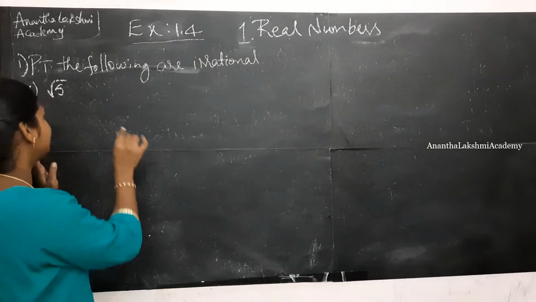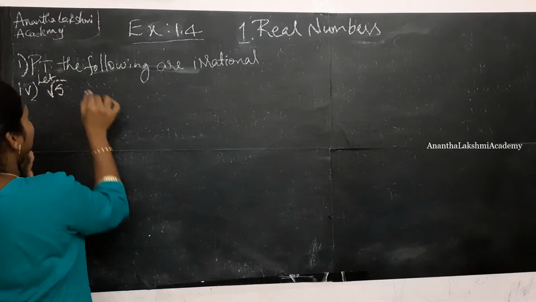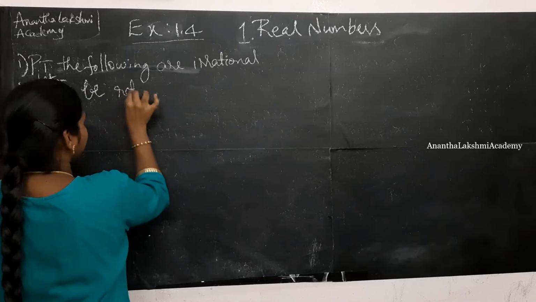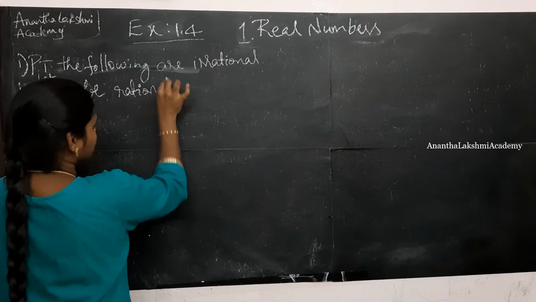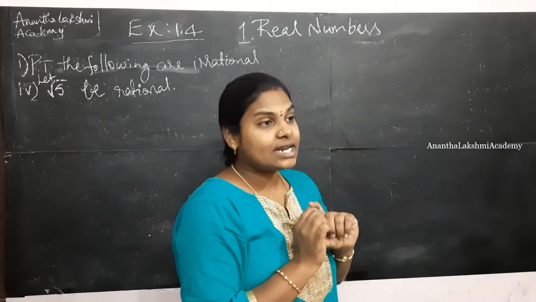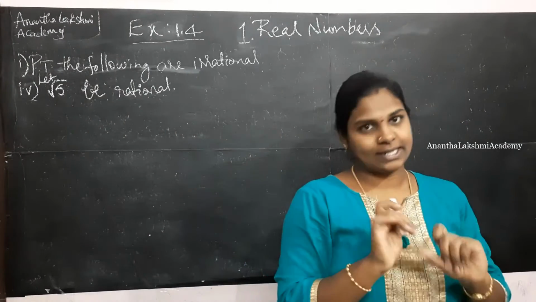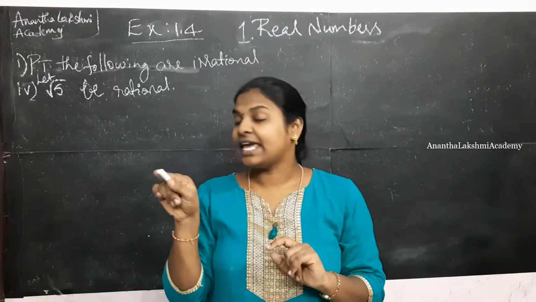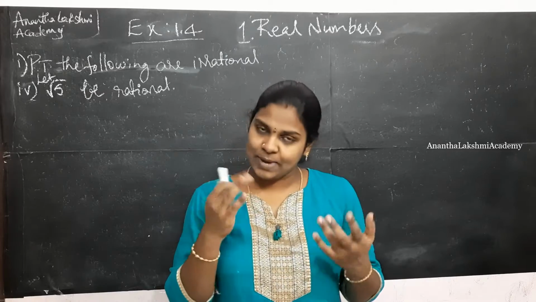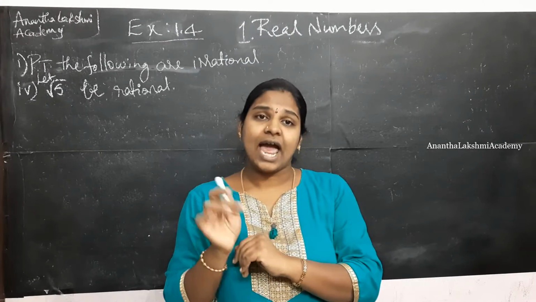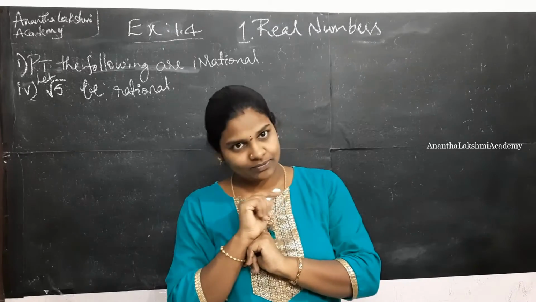They are asking us to prove it as irrational. So let me consider, let root 5 be rational first. What is a rational number? A rational number is something which can be written in the form of a fraction a by b or p by q, where q is not equal to 0 and p and q are coprime.